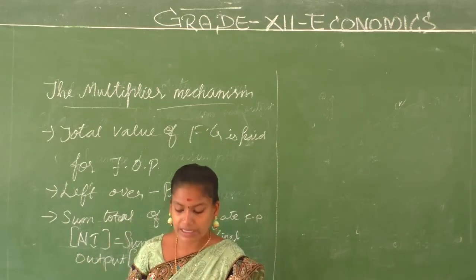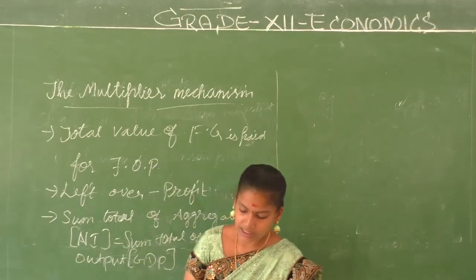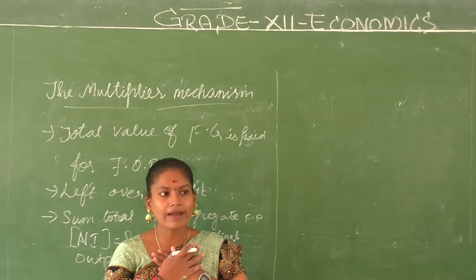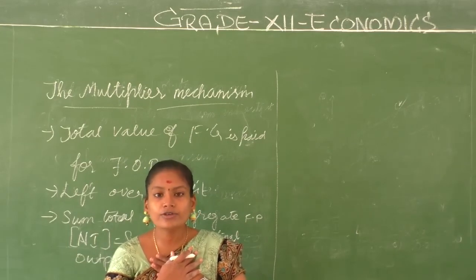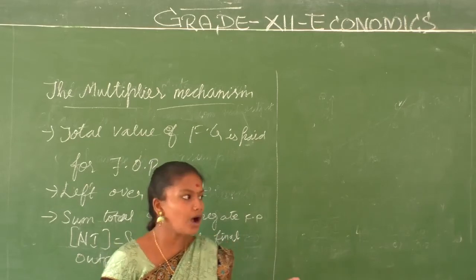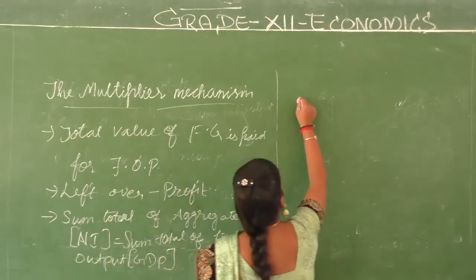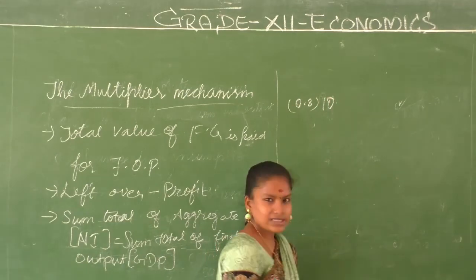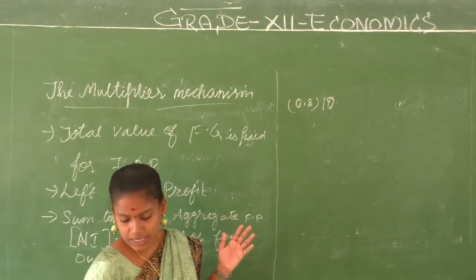When income increases by 10, consumption expenditure also goes up. I have 10 rupees extra, so what will I do with that extra 10 rupees? Consumption also will increase, marked as 0.8 times 10. What is this? The increase in consumption expenditure.